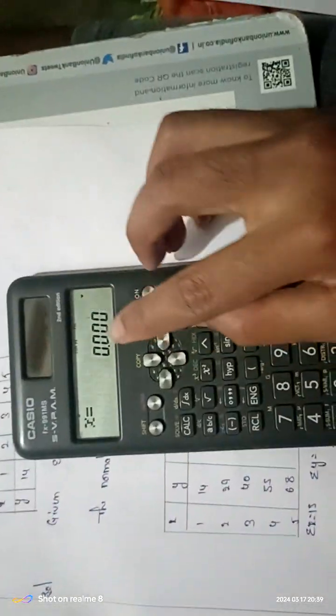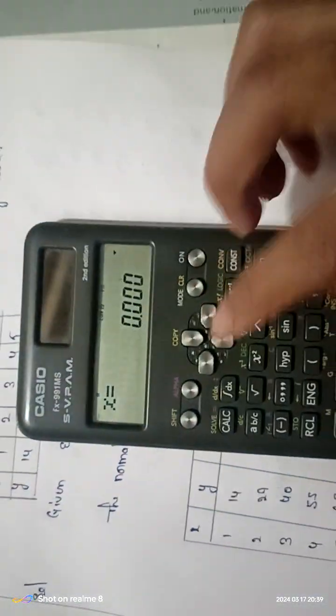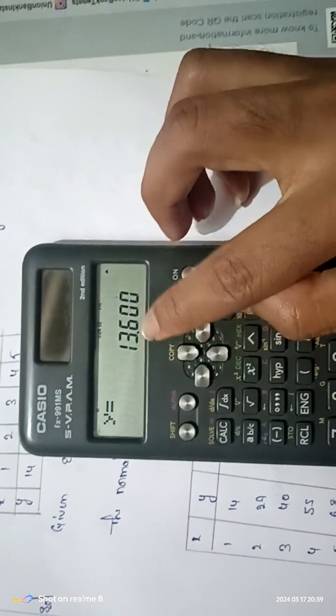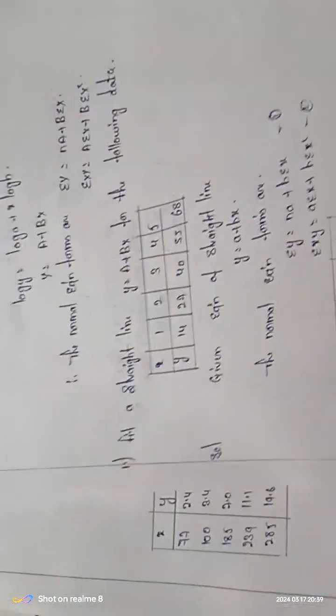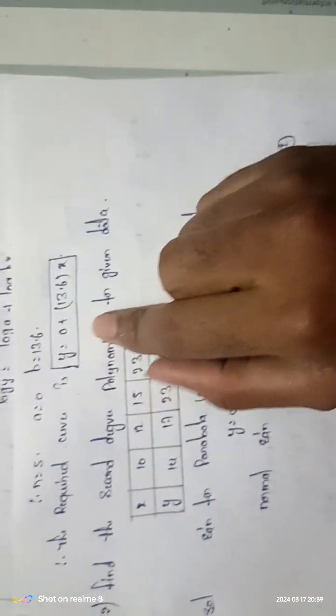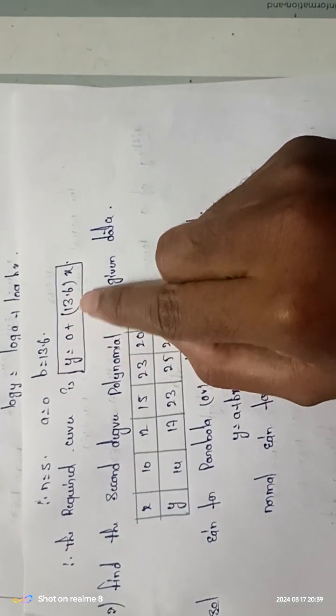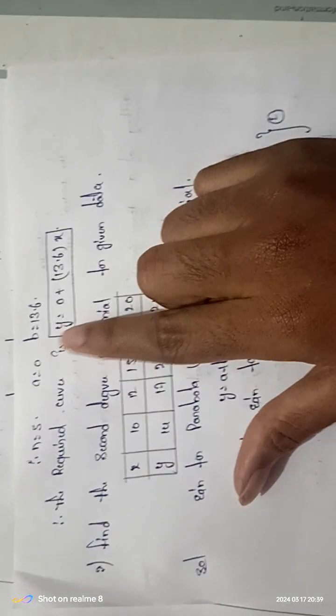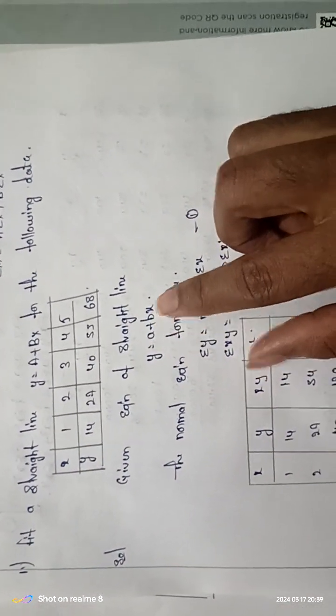Here the x value is 0 and the y value is 13.6. Here is the equation: a is 13.6 and b is 0. The required equation, we have to substitute in the straight line equation y equal to a plus bx. Here is the required equation.